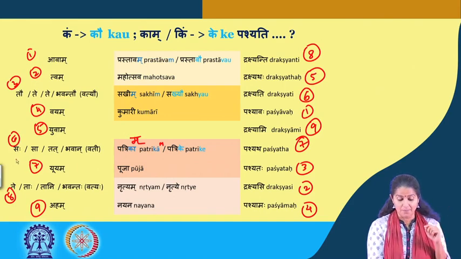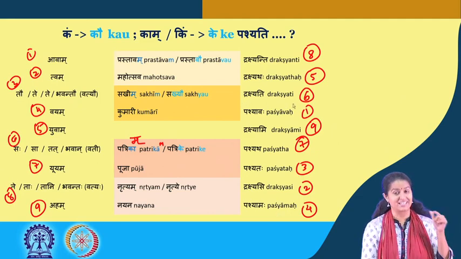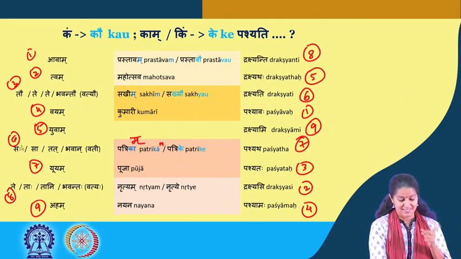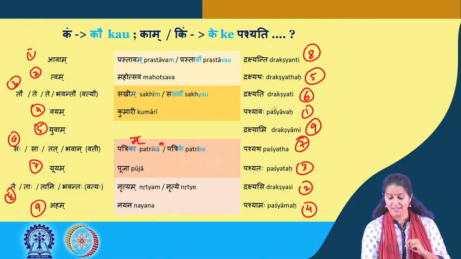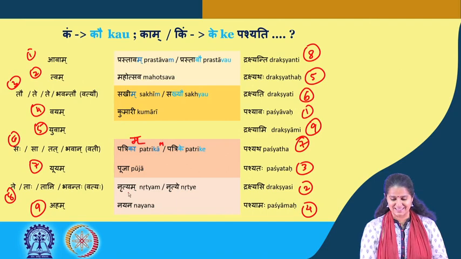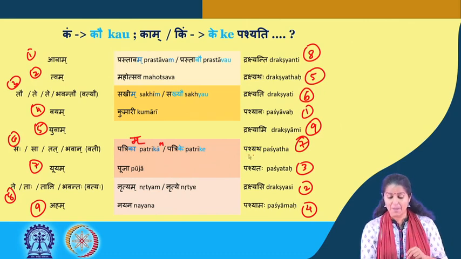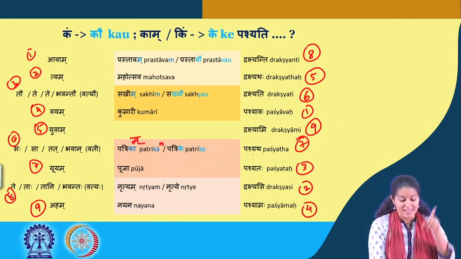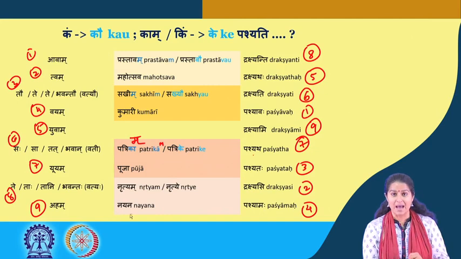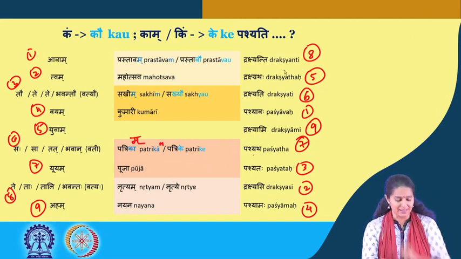Next, saha pujam drakshati. Saha puje drakshati. Yuyam nrityam pashyatha. Yuyam nritye pashyatha. Uttamam. Te nayanam pashyanti or drakshyanti. They will see the eye.